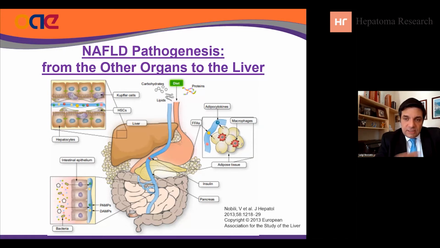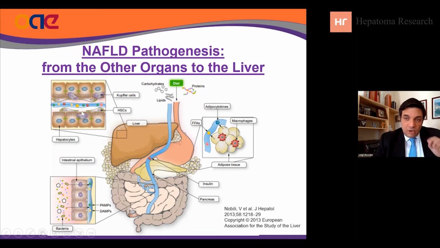And if we focus on the dynamics of the onset of this disorder, we can see that they are closely interrelated with other organs. In fact, if we narrow down the pathogenicity of NAFLD, we can see that there are influences from organs around it. First of all, the effect of the diet, but also the interaction with the adipose tissue, the pancreas, the intestine, as was mentioned before, the leaky gut, and all the interaction between bacteria, the immune system, and then the ultimate damage on the hepatocytes.